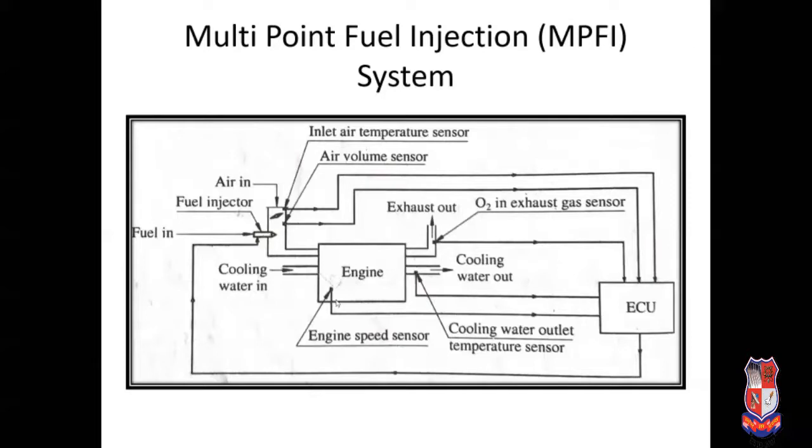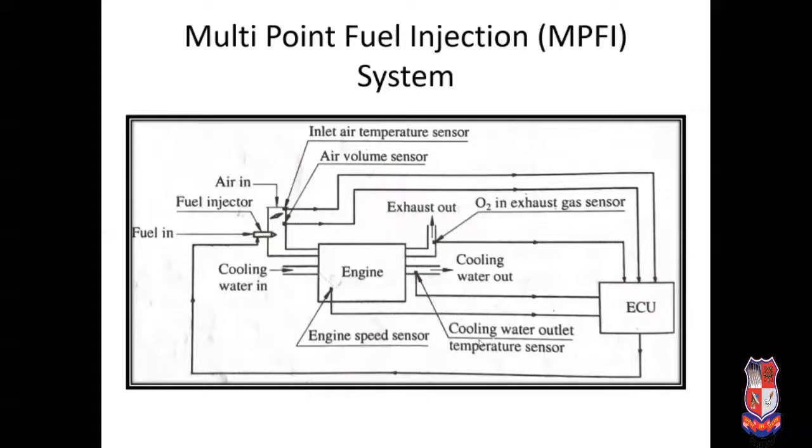Next sensor, that is the engine speed sensor. The function of the engine speed sensor is to measure the speed of the engine, so that will help the ECU to control the air fuel ratio. Then next, the cooling water outlet temperature.